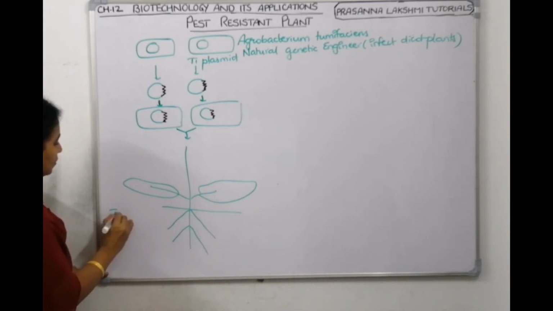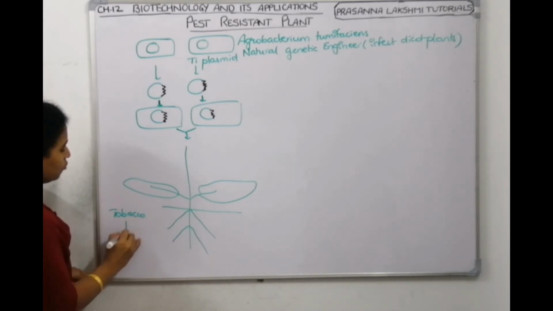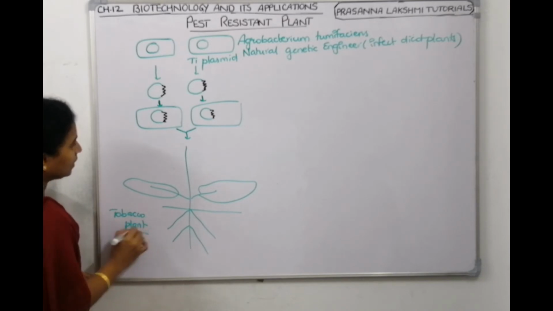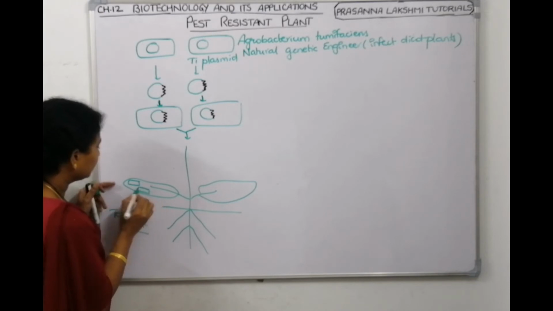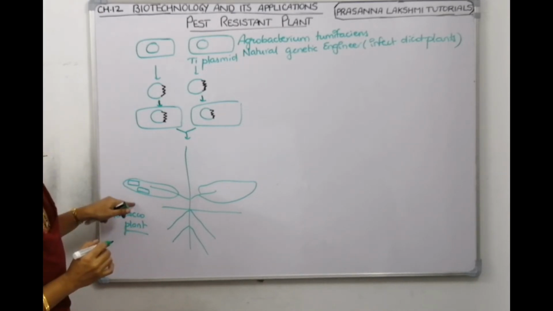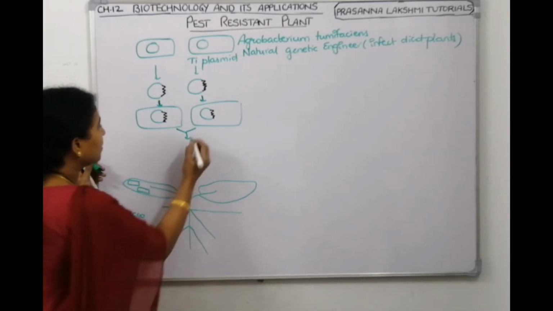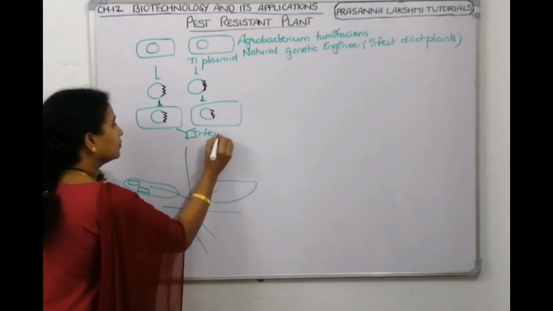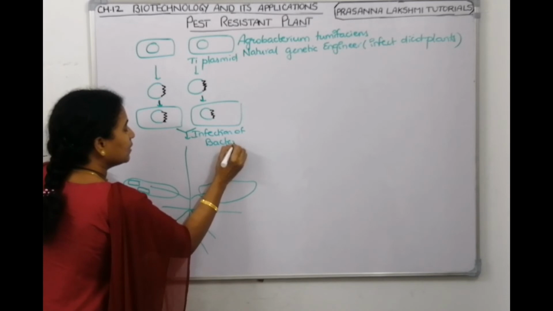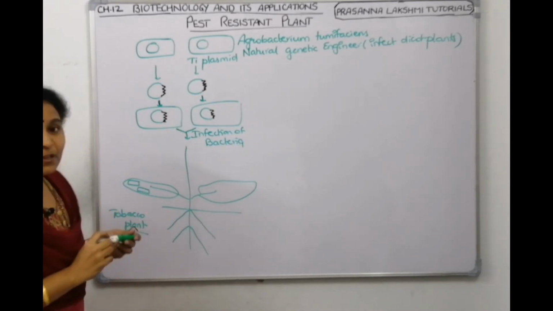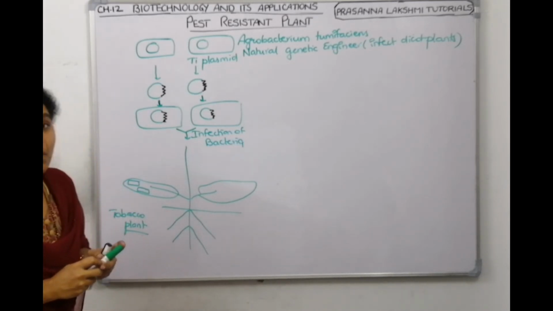Tobacco plant. Now, the bacteria infected the tobacco plant, right? So, shall I write here? Infection of bacteria. Bacteria is infecting the plant. Now, after infecting the plant, what happens? Come on, tell me.